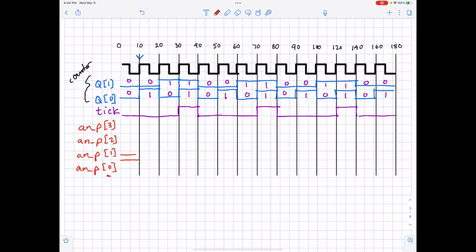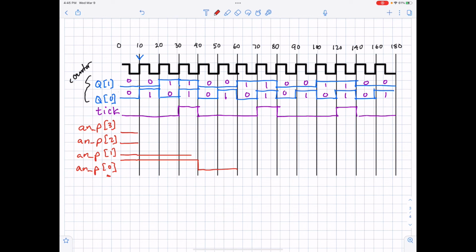Okay, so off, off, off. Okay, so ANP0 is going to stay a 0 till I get the next value of the count for the anode encoder. All right, on the next value of the count, this should go to a 0 and stay down at a 0.